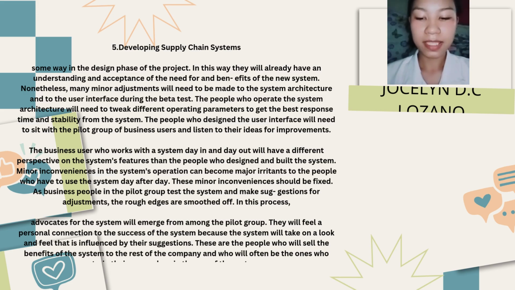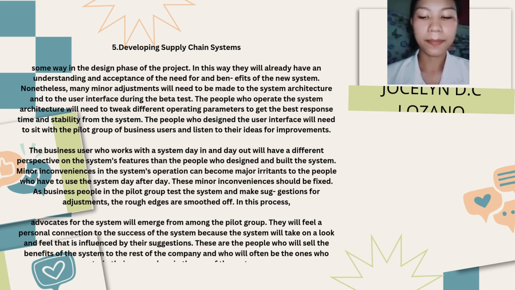Minor inconveniences in the system operation can become major irritants to the people who have to use the system day after day. Those minor inconveniences should be fixed. As business people in the pilot group test the system and make suggestions for adjustment, the rough edges are smoothed off. In this process, advocates for the system will emerge from among the pilot group.